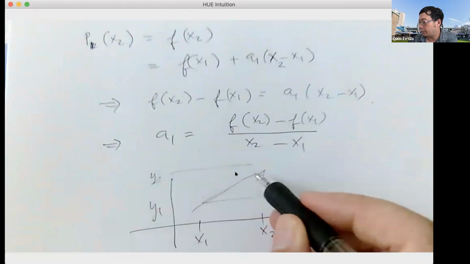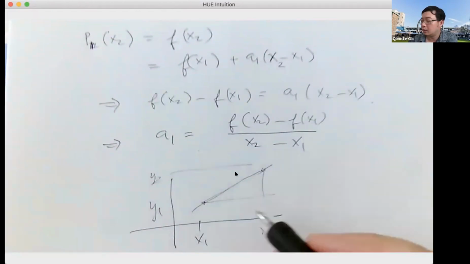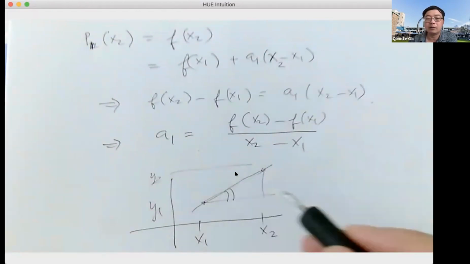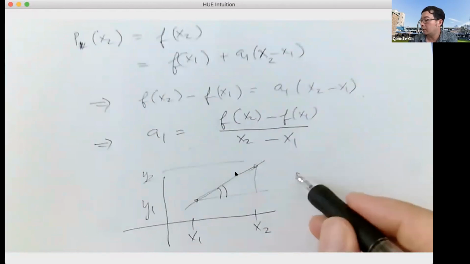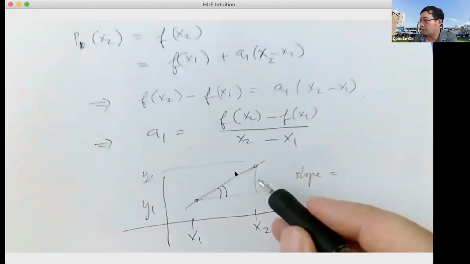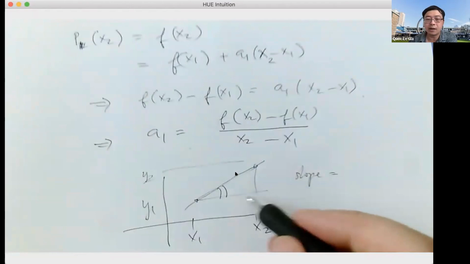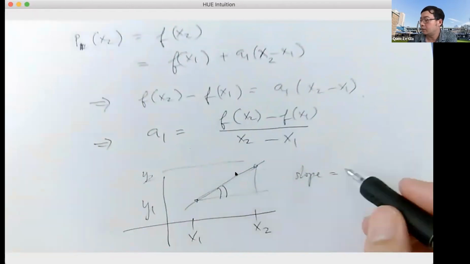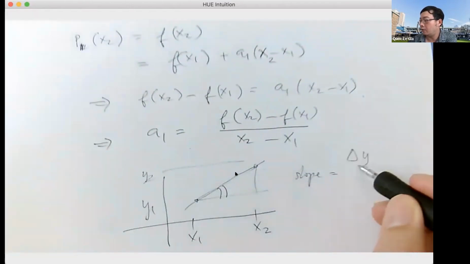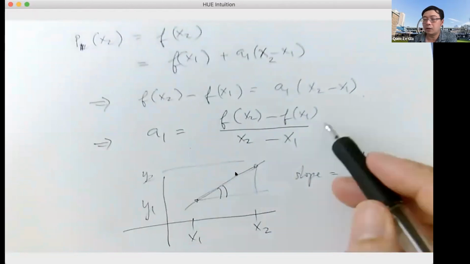So for the line that goes through those 2 points, this is the slope of the line. The slope equals the height over the difference in x, so the difference in y over the difference in x.